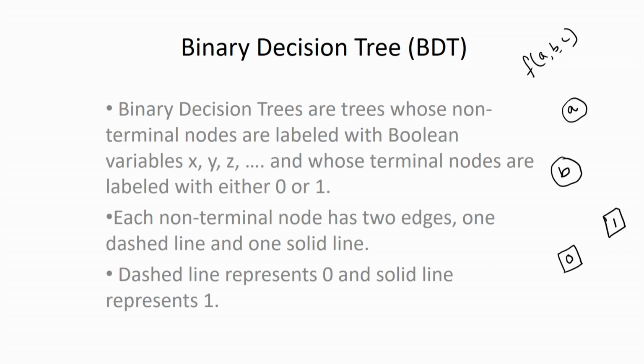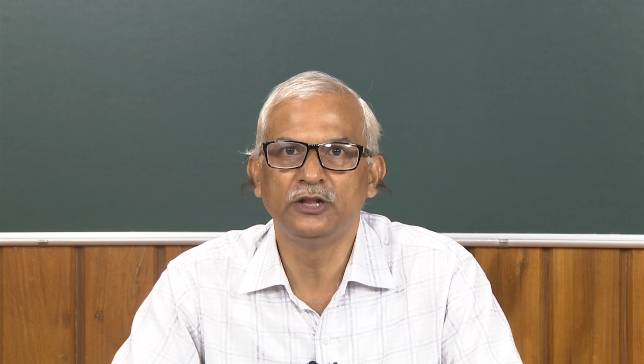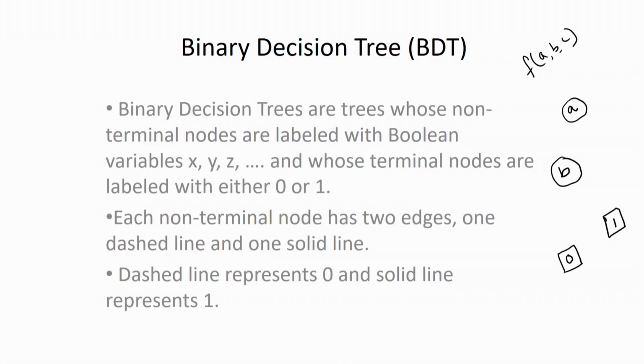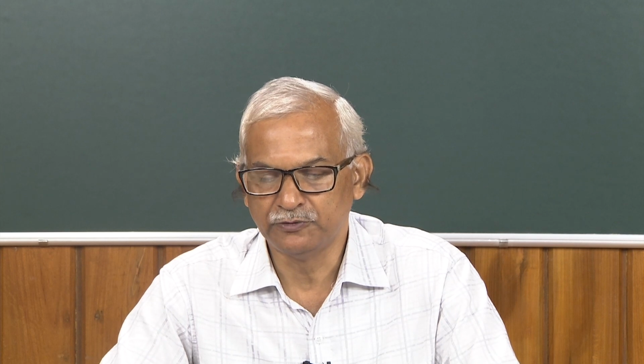Now, each non-terminal node has two edges, one is a dashed line and the second one is a solid line, and the dashed line represents 0 and the solid line represents 1. What does it mean? Say A is a non-terminal node, and we have a dashed line to this non-terminal node B. In that case, the dashed line indicates that the evaluation of this particular variable at that point is 0.